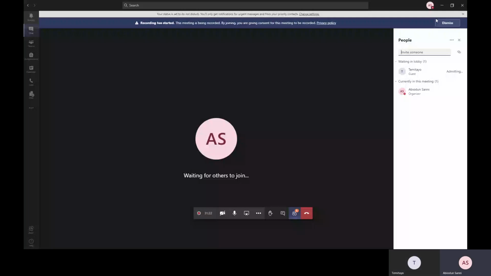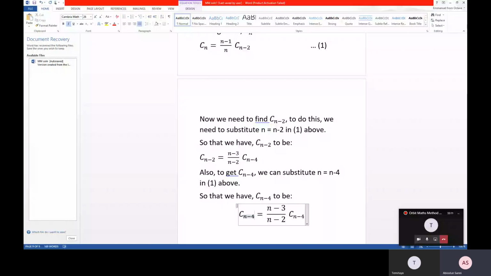So that we have C(n-4). Let's copy this and paste. C(n-4) is equals to n minus 5 over n minus 4, then C(n-6).